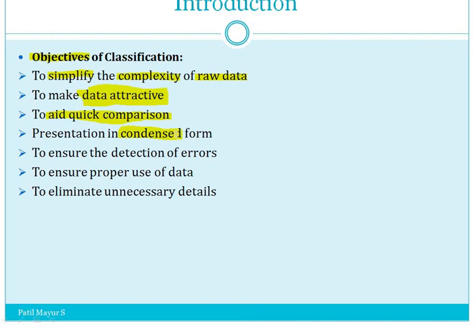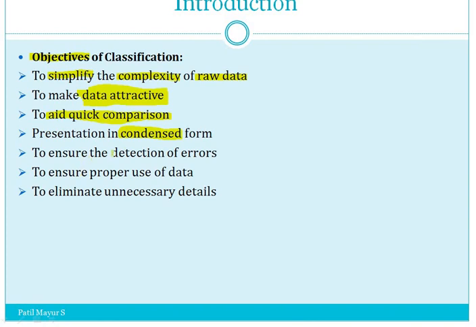So by doing classification, we condense that data without compromising its meaning. We properly condense that data by properly classifying it, and in this fashion, through the classification, we are able to present it in a condensed form.